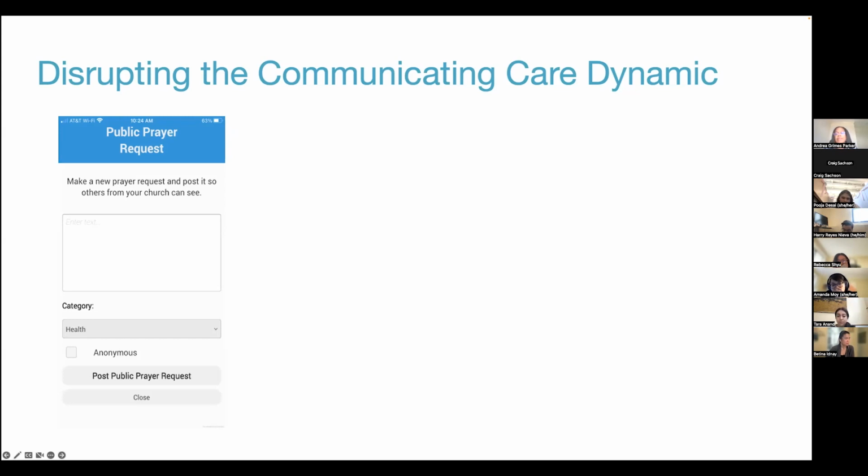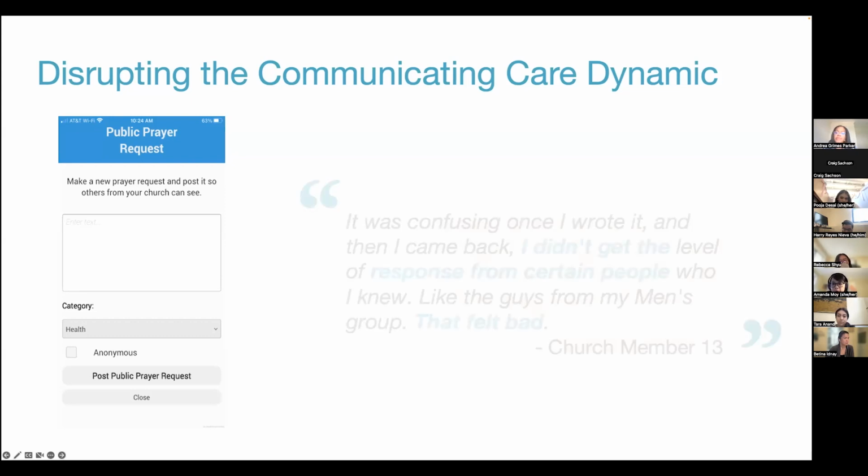One participant expressed the negative feelings that arose when he did not receive a response to his prayer request from his men's group. A men's group is a gathering of men in the church that may serve various functions, such as a Bible study group, a prayer group, or a broader support group.